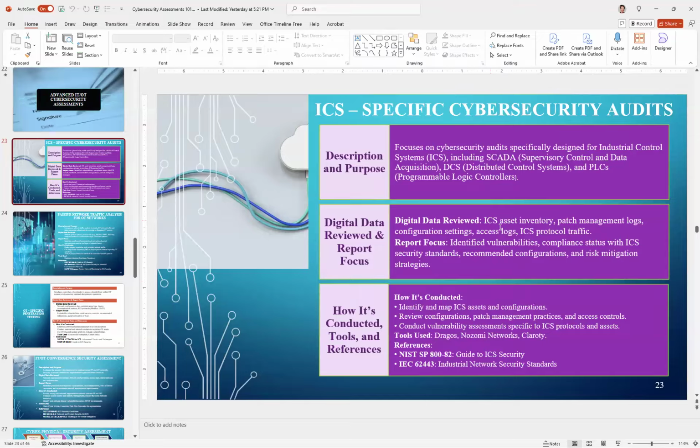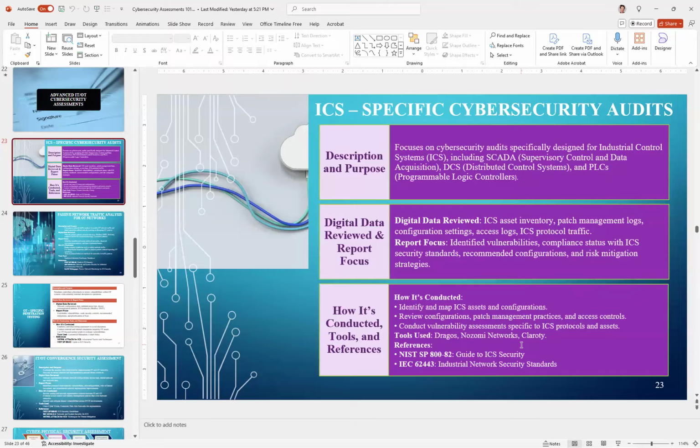The digital data reviewed is the ICS asset inventory, the patch management logs, configuration settings, access logs, and ICS protocol traffic. Identify vulnerabilities, compliance status with ICS security standards, and recommended configurations and risk mitigation strategies, which again, you're looking at your risk register that you've developed for this.